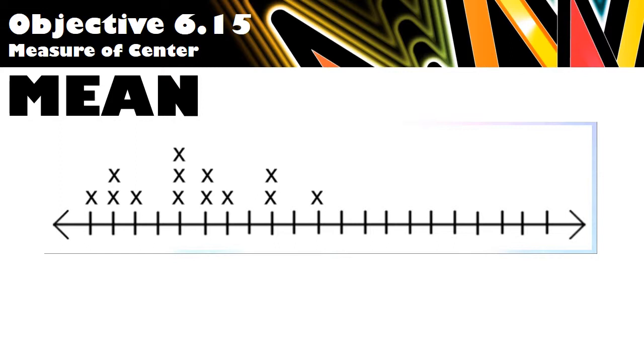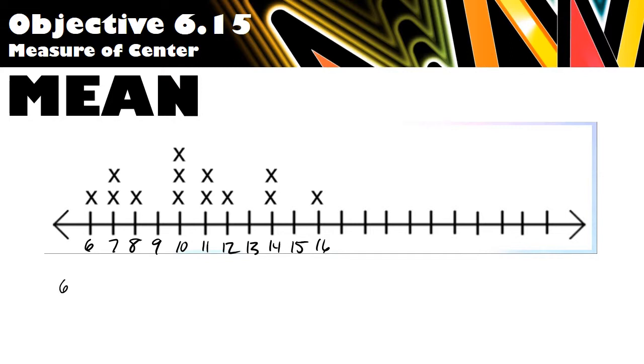We can also determine the mean based off values on a regular line plot. If we were to label these numbers, say we started with 6, then 7, 8, 9, 10, 11, 12, 13, 14, 15, and 16. We would have to write out all the values that we had here in our line plot.